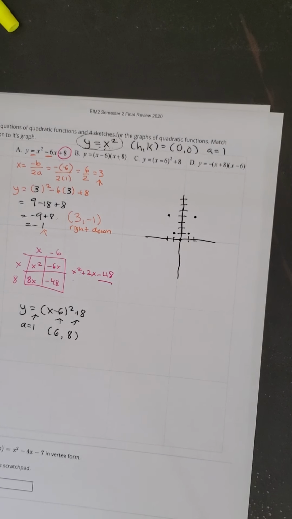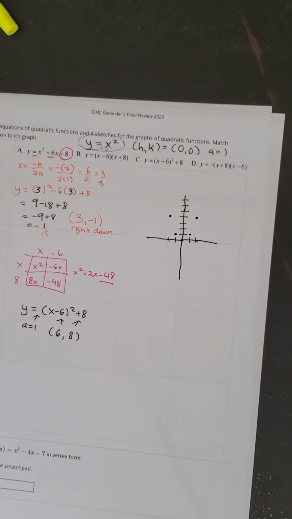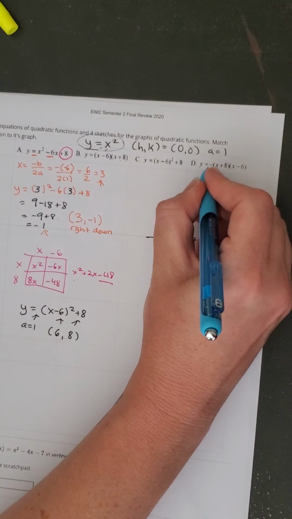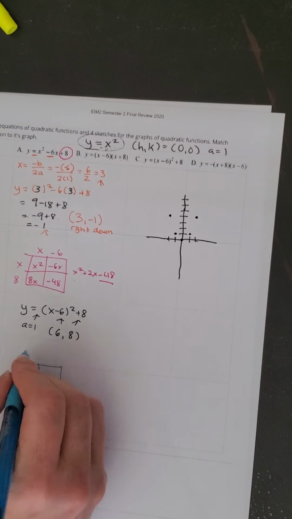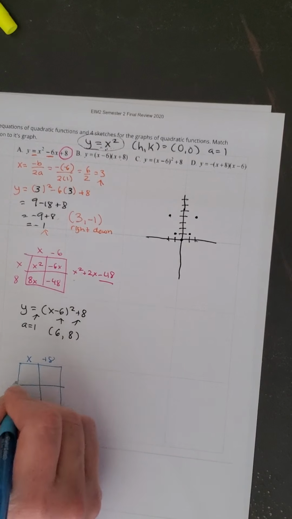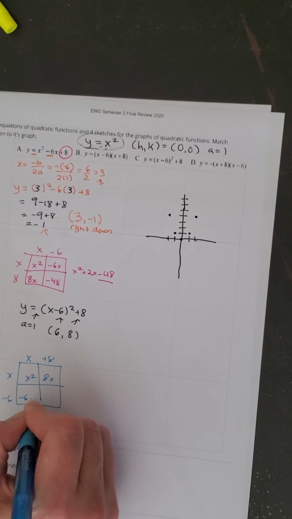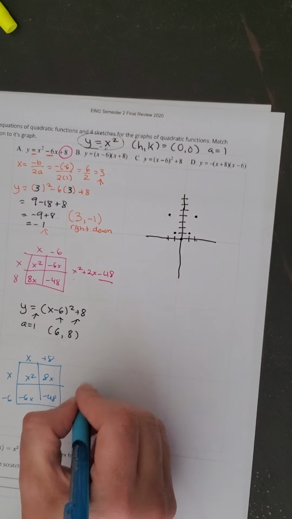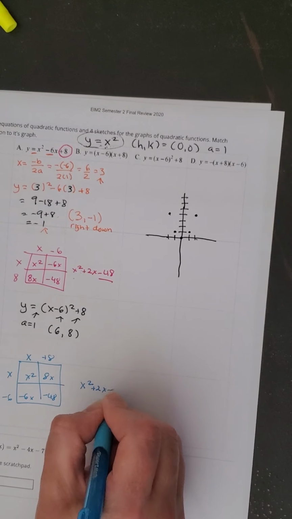And then I know by default the last one's the graph number 2, but let's talk about that. If we start to multiply these together, right? If I say, okay, I'm going to multiply x plus 8 and x minus 6, I'll get x squared, 8x, negative 6x, and negative 48. And that's going to give me x squared plus 2x minus 48.